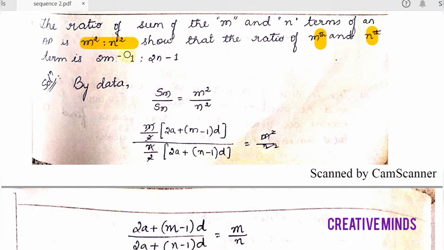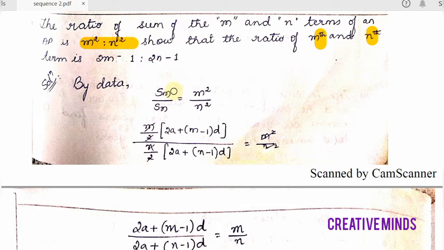They given that the ratio of the sums of m and n terms in an AP is m square is to n square. We have to show that a_m is to a_n is equal to 2m minus 1 is to 2n minus 1.